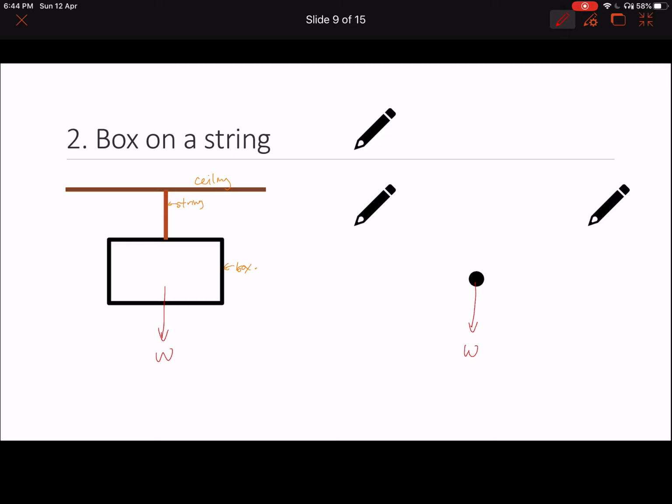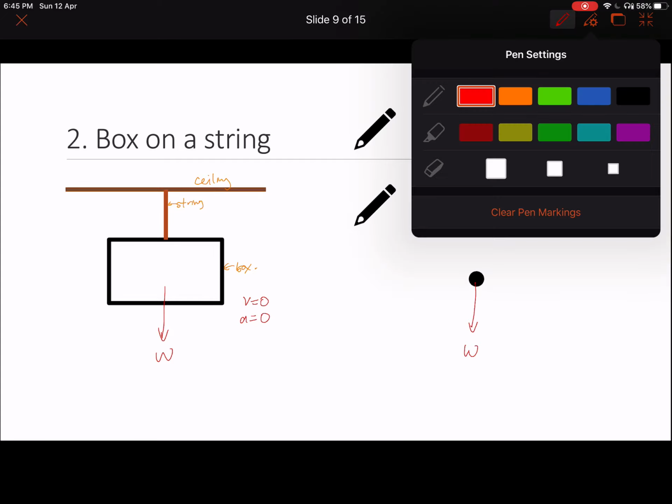But again, the box is stationary, right? It's at rest. It's not accelerating. So this means that there must be a force going upwards. But here the box is not in contact with the ceiling. So what might be providing this upwards force? Well, you might say, hey, there's a string, right? Indeed, the string is providing an upwards force.